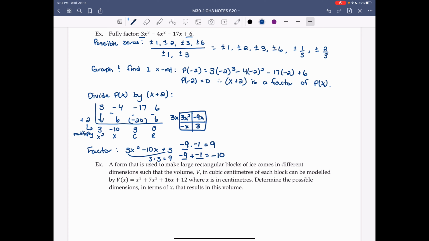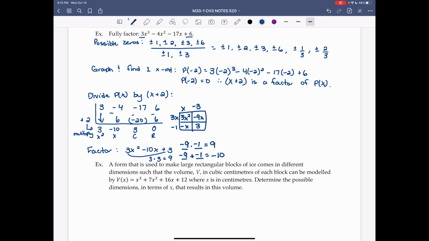Second row, -x and 3 is -1. It's a negative because the first term in the row is negative. First column, 3x squared and -x would be x, and second column, -9x and 3 would be -3. It's negative because the first term in the column is negative.